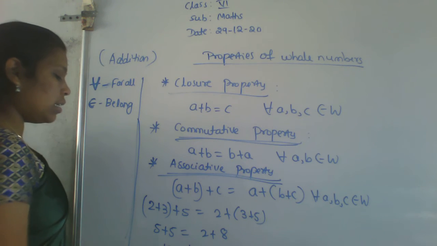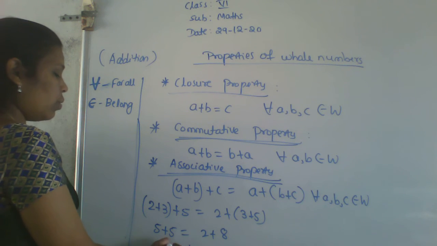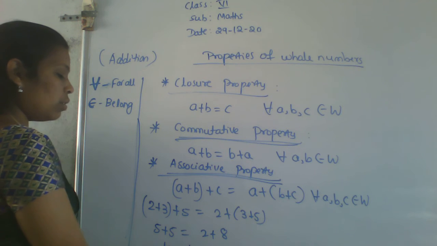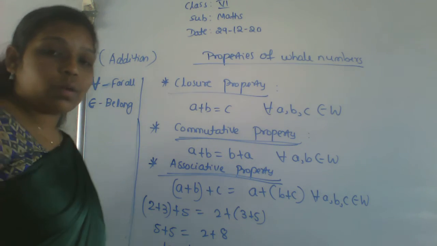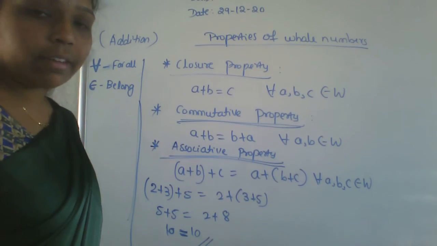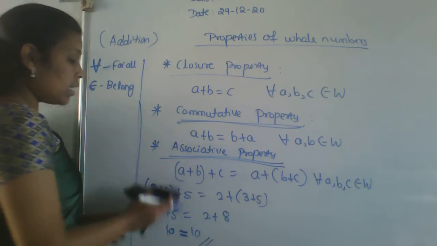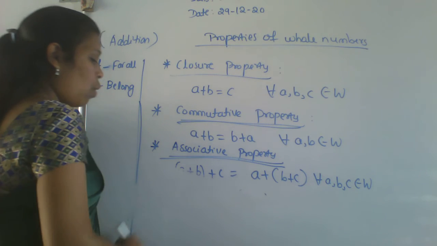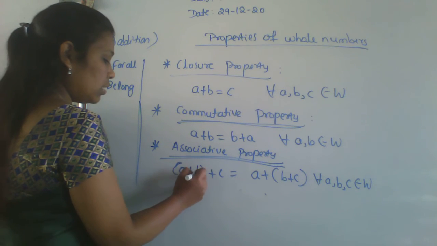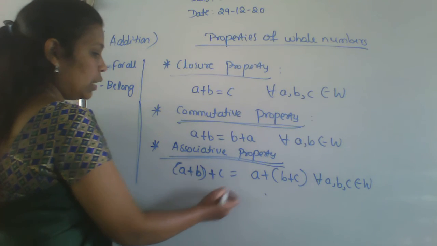What is the answer? 10 is equal to 10. Both are getting equal values, right? Then we can say this associative property is satisfied for the whole numbers. So this is called the associative property.